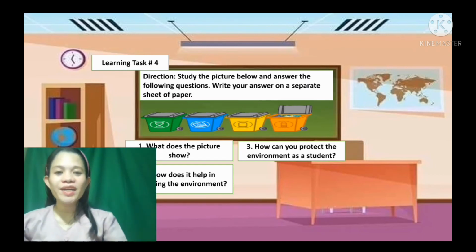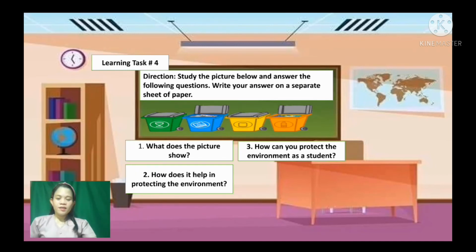Okay, for your learning task number 4. So, this picture is very common to us. No? Nakikita natin siya sa labas, sa school, kung saan ka pupunta, sa mall, makikita mo rin yan. So, for question number 1, what does the picture show? Okay.